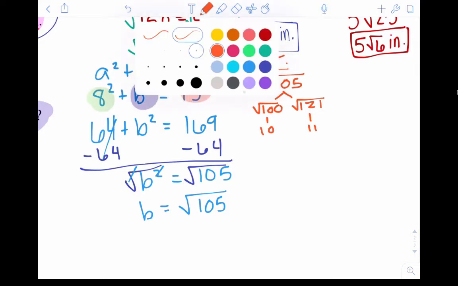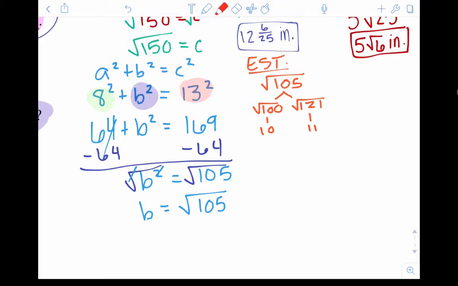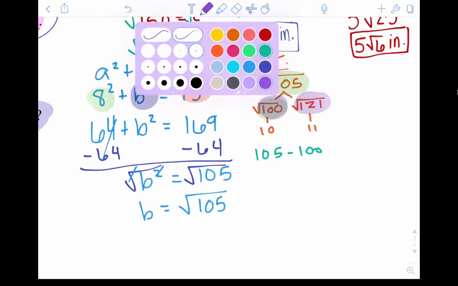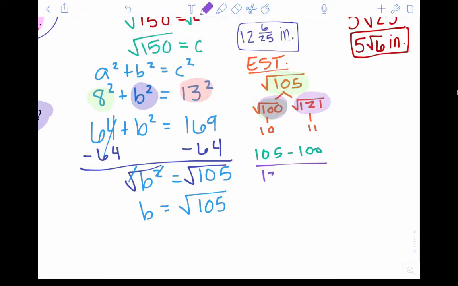To figure out what the fraction is, I'm going to take the square root minus the smaller. So I have 105 minus 100 over the larger minus the smaller. So over 121 minus 100.